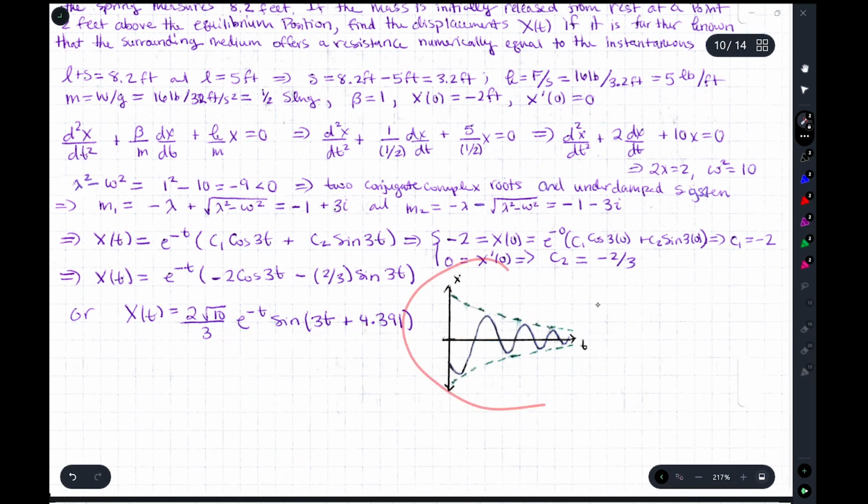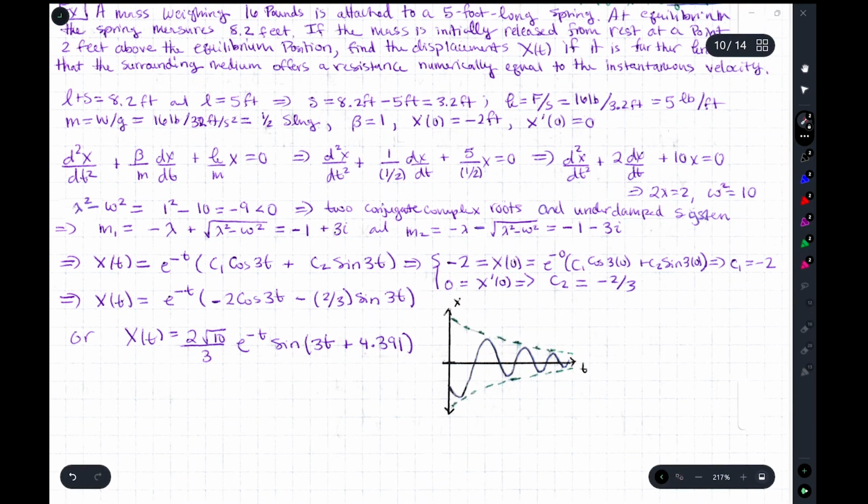And notice that you could think about the oscillations dying out exponentially, okay. So this term here, this is kind of like the envelope around, okay, and this term here deals with the oscillations that go around in that envelope. And that's how our system that is underdamped looks like.